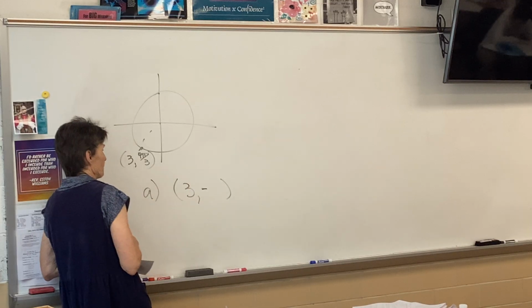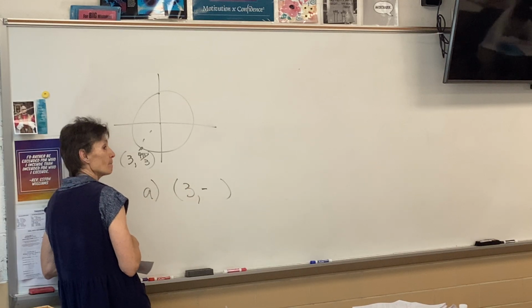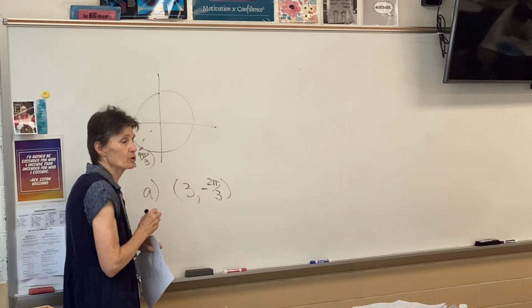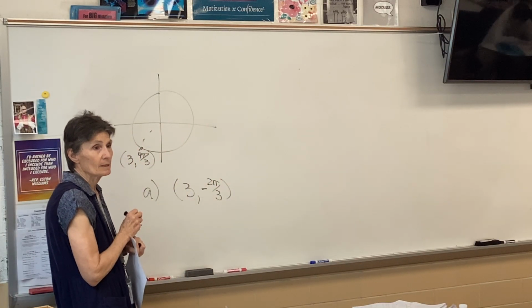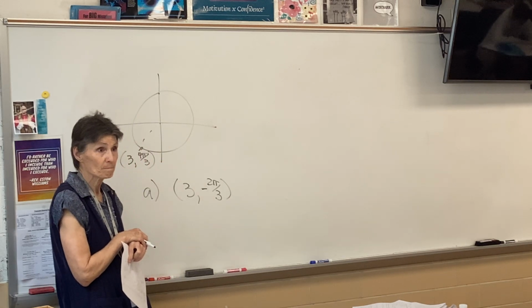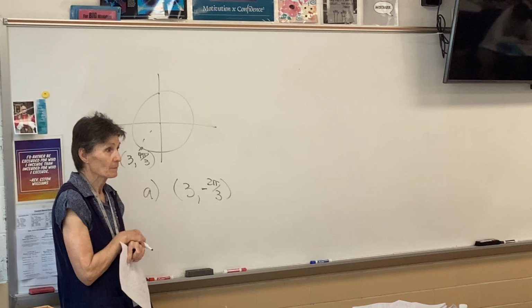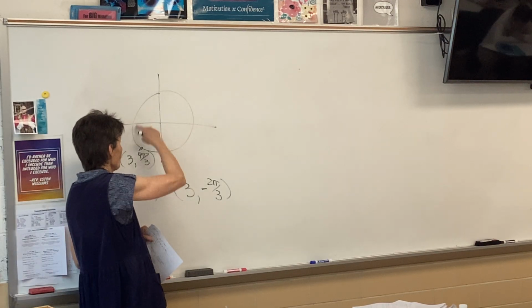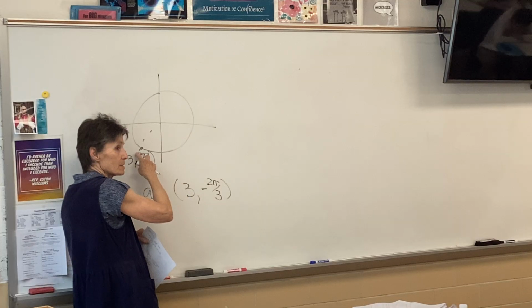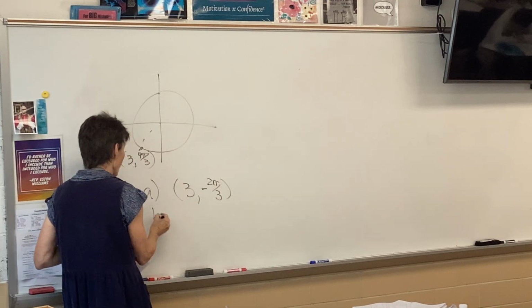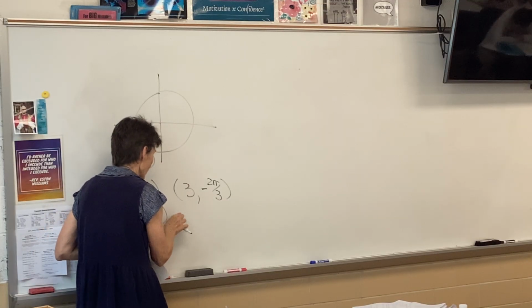What would that be? 2 pi over 3. How do we know it's 2 pi over 3? Because all the way around is 6 pi over 3? 2 pi? So if this is 4/3, this would be 2/3. Everybody okay with that?